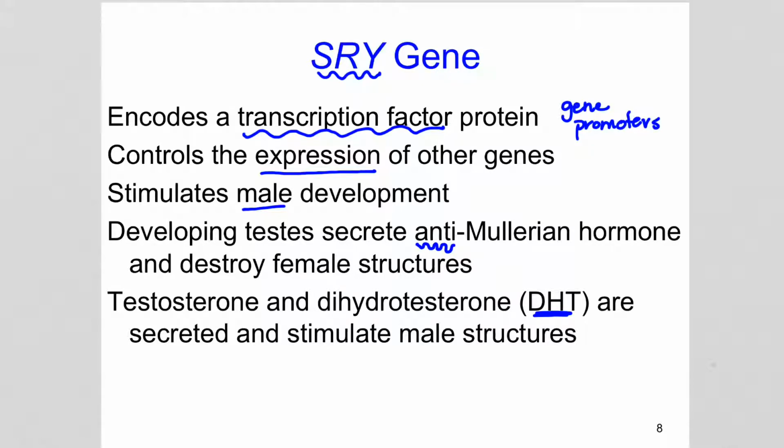There are many things that could potentially go wrong because the SRY gene serves as a transcription factor that then goes on to influence the expression of other things. So we can have the potential for multiple places in these pathways for things to go wrong.